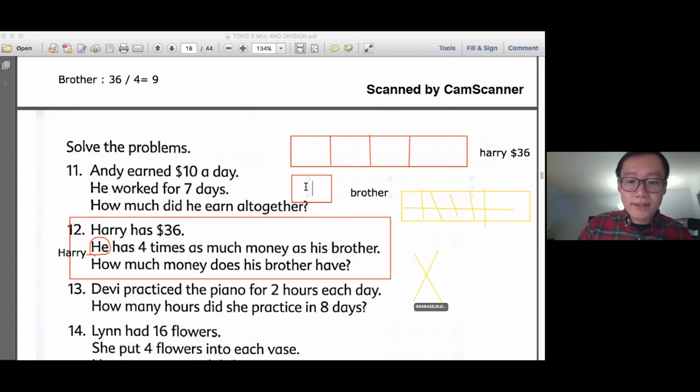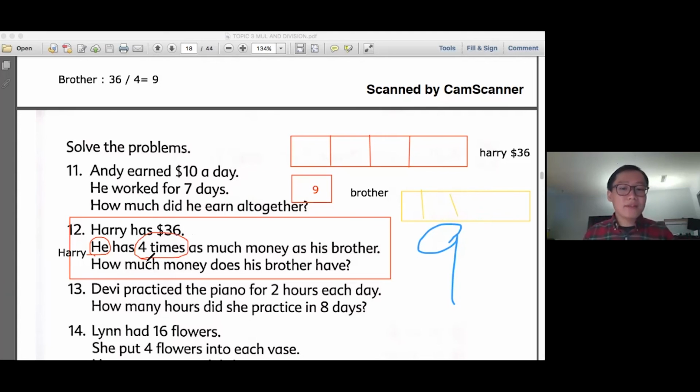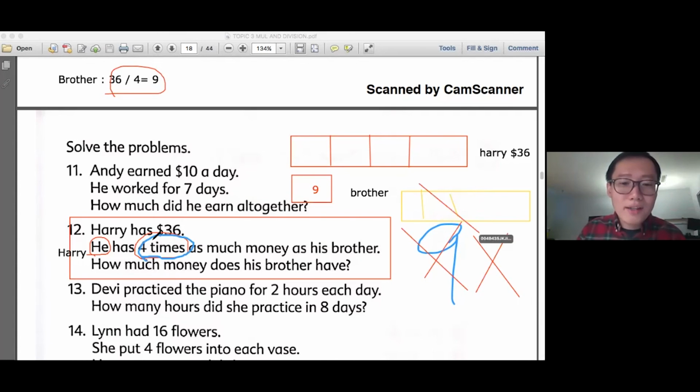His brother has $9. This question is especially tricky for a lot of students. Why? Some students, when they look at the words 4 times, immediately think, I have to use multiplication. Not the case, right? We actually use division, right? So how do we make sure we don't make the mistake?